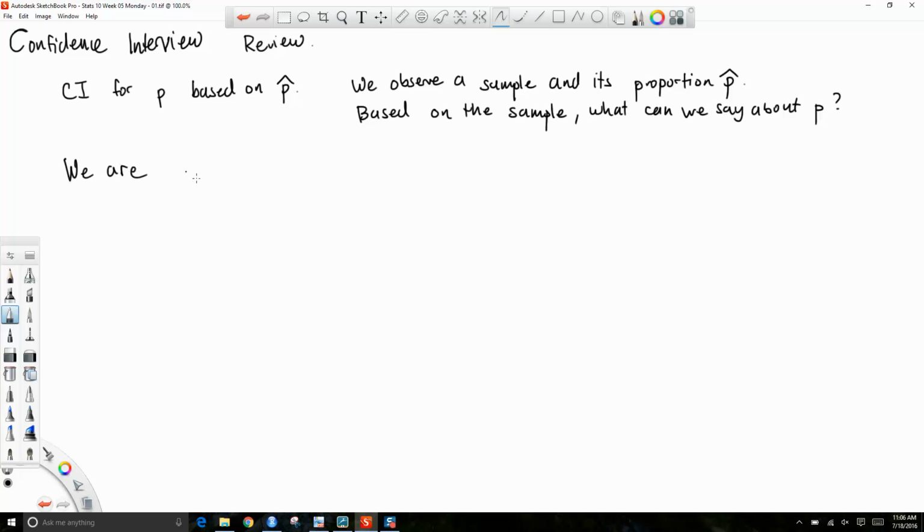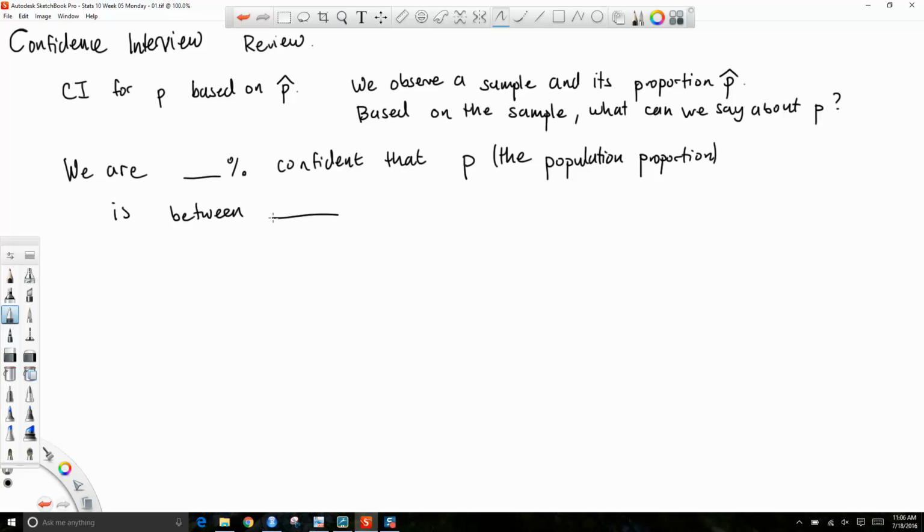we are blank percent confident that p, the population proportion, is between blank and blank.